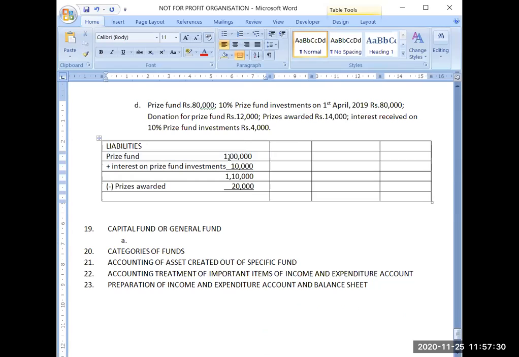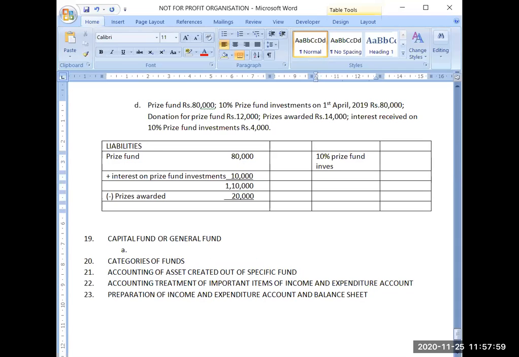Prize fund is rupees 80,000, so we will change the amount. Then 10% prize fund investments on 1st April 2019, rupees 80,000, will come on the asset side.